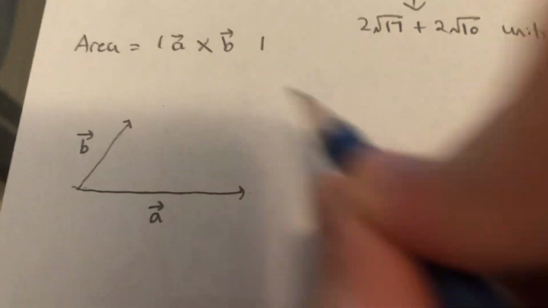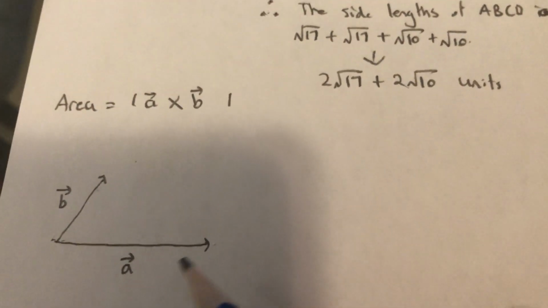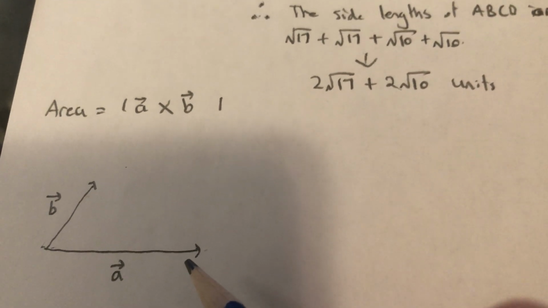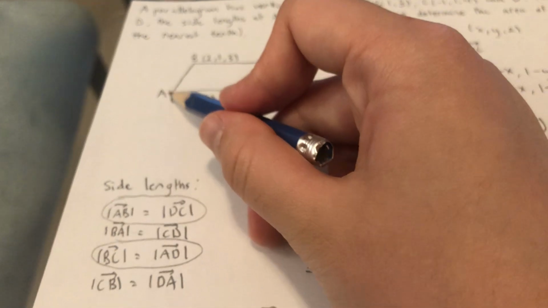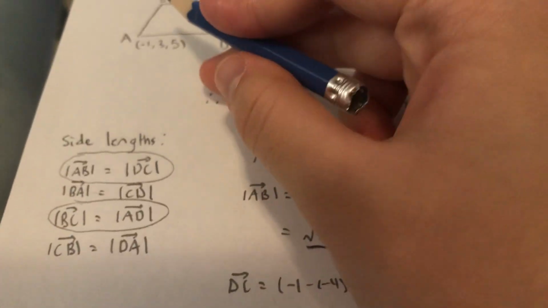So this is just the general diagram. And if we modify it in relation to our question, we know that this corner should be A, that corner should be D, and that corner should be B.